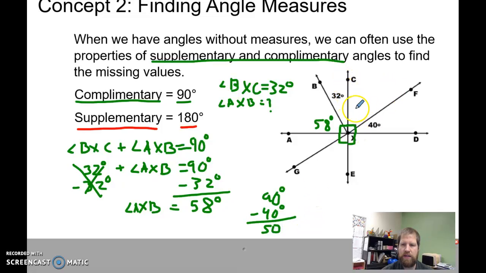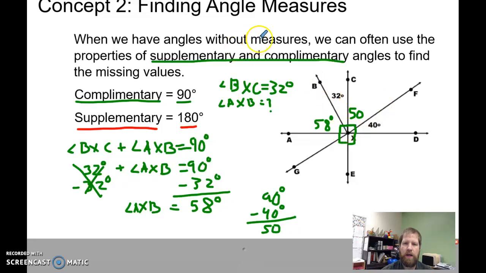So angle CXF is 50 degrees. And now I can check. Remember from the last video we weren't sure if BXF was going to be a 90-degree angle. Well, now we can check. We got 32 plus 50, 82 degrees. So now this one is not a 90-degree angle.